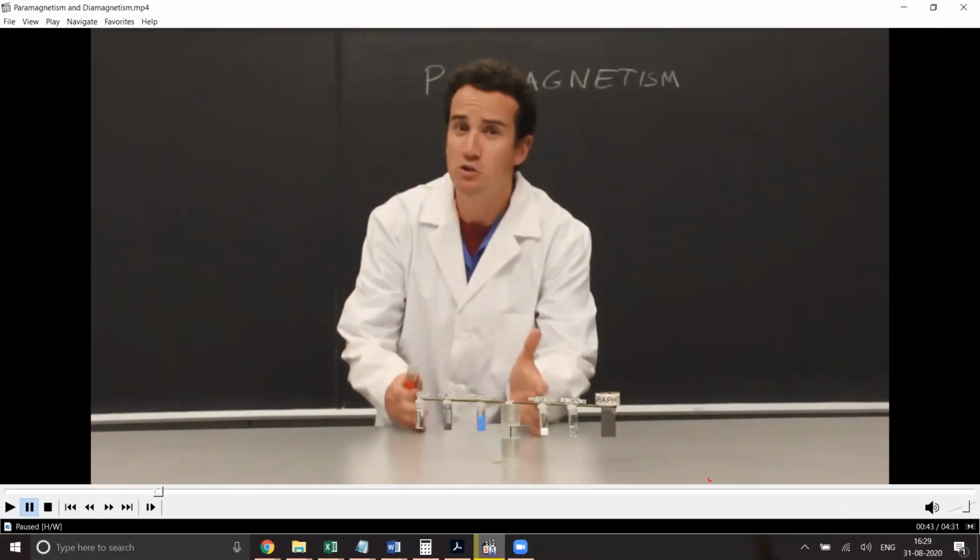They both exhibit a similar property, but the only difference is the extent to which the material can get magnetized. Which one will have a stronger magnetism? Ferro will have.